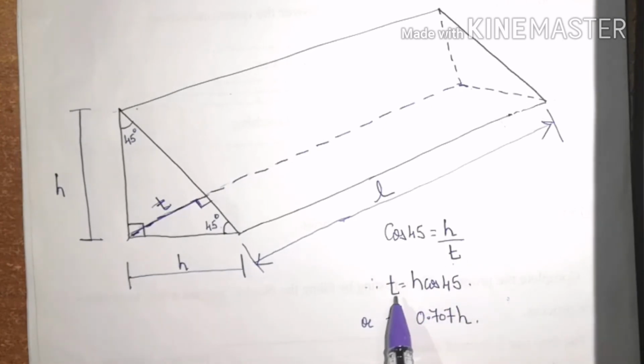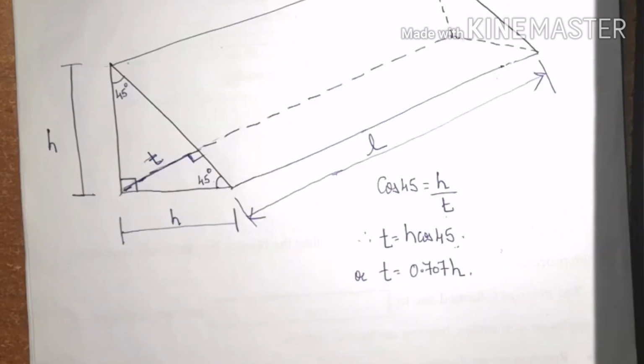So I will get the value of t as h cos 45. If I use the value of cos 45, I will get t is equal to 0.707 h.